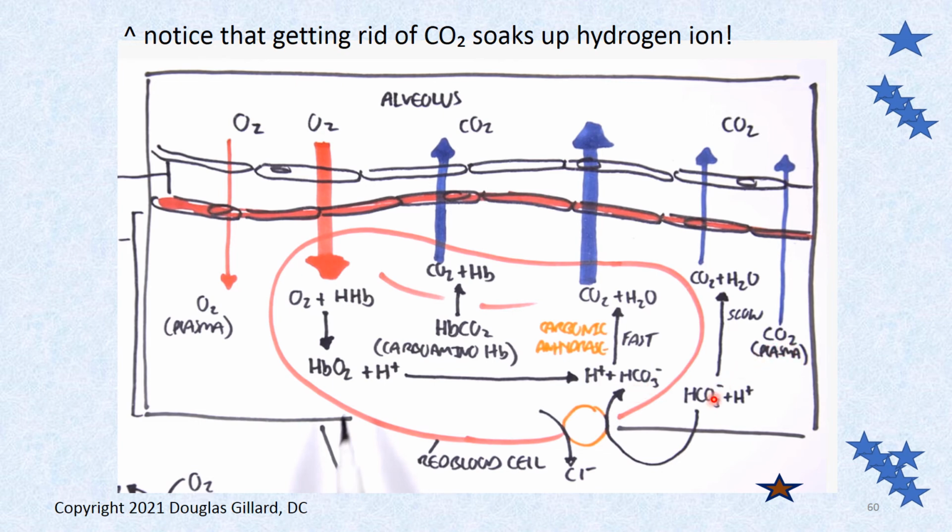When it's time to exchange gases, the bicarbonate combines with a hydrogen ion, whether you're in the red blood cell or out in the plasma, and makes carbonic acid, which is not shown here. The carbonic acid dissociates into CO2 and water. So you are taking that hydrogen ion and turning it into water, and that's how you get rid of the hydrogen ion.